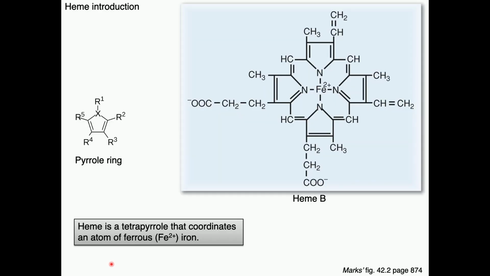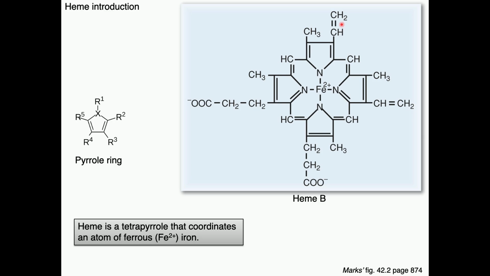Okay, so what is heme? Heme is a tetrapyrrole. So the structure of a pyrrole ring is 4 carbons joined by an X group into this pentameric ring. In the case of heme, the X is a nitrogen group. So you have these 4 rings, here, here, here, and here, and each of those rings has a side chain on it, and the side chains are methyls, propionic acid, and then vinyl groups here.